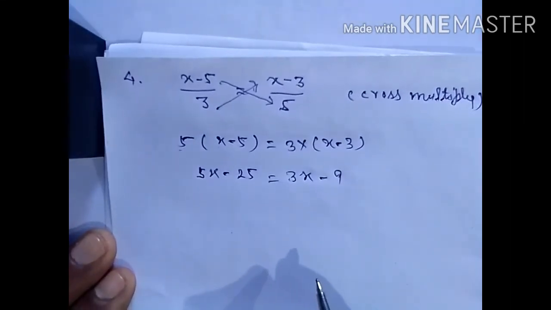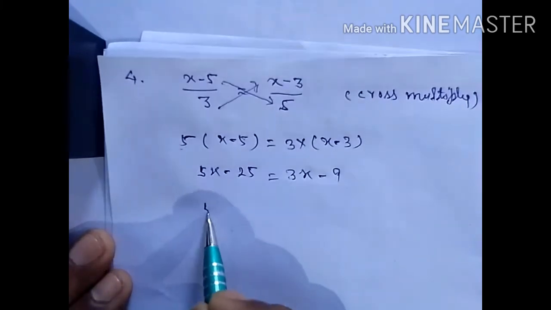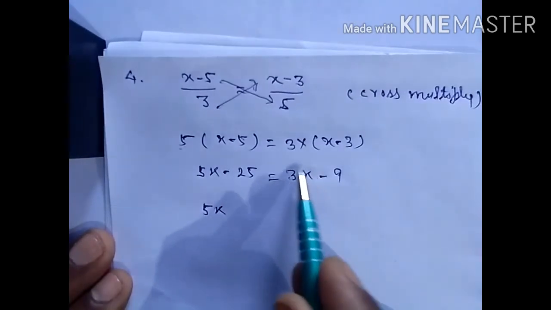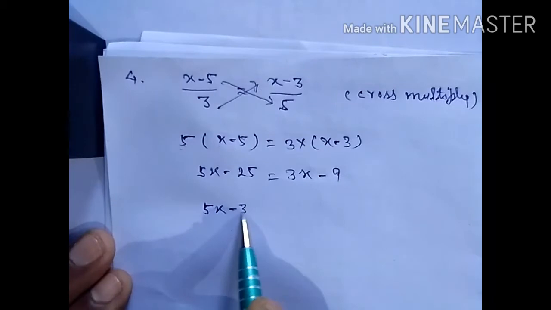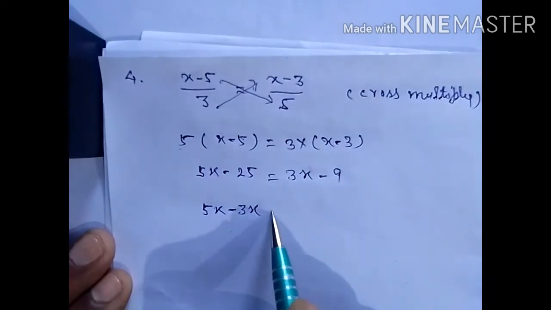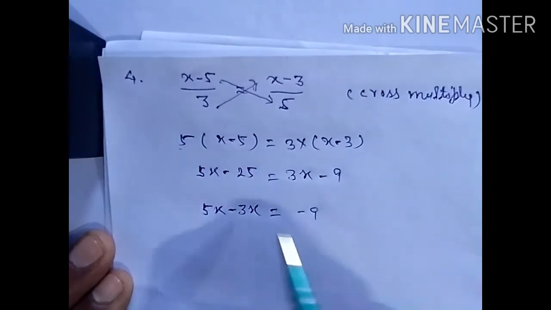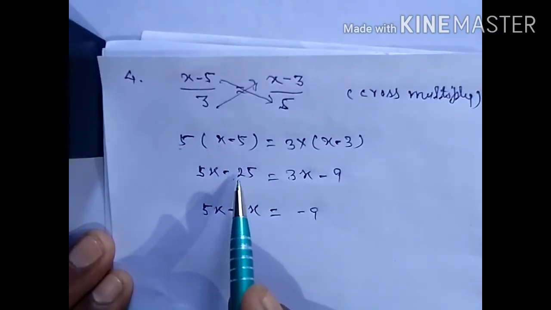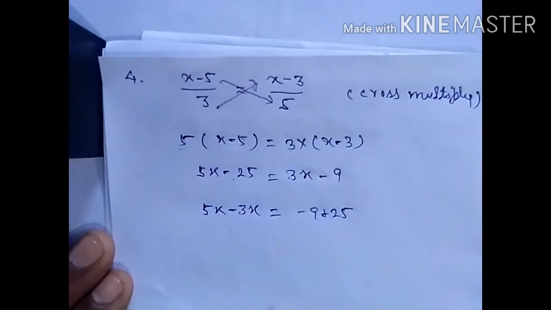Now after transposing the variable to one side and the numbers to another side of the equation, student, this one will be 5x and this one plus 3. So after transposing it will be minus 3 is equal to this one minus 9 and minus 25. After transposing it will be plus 25.